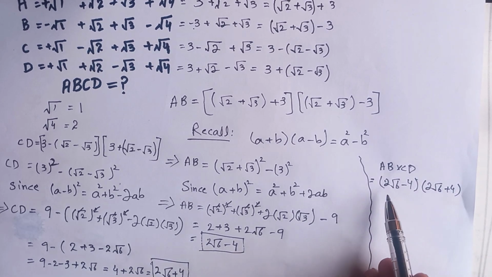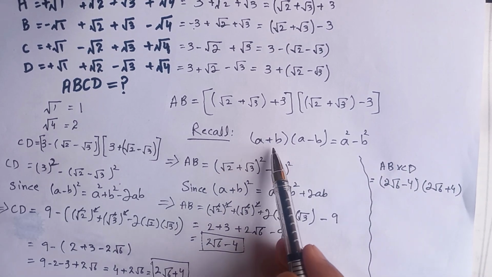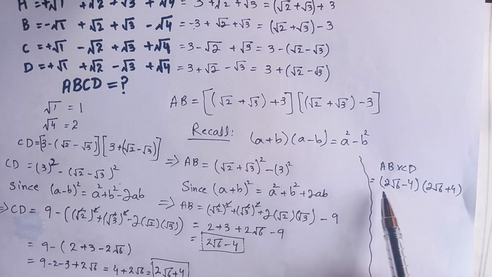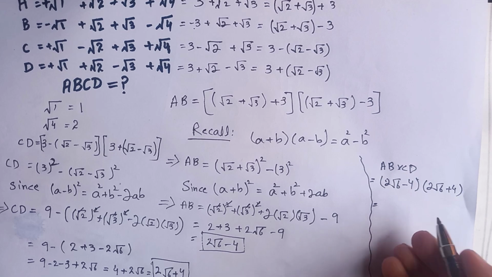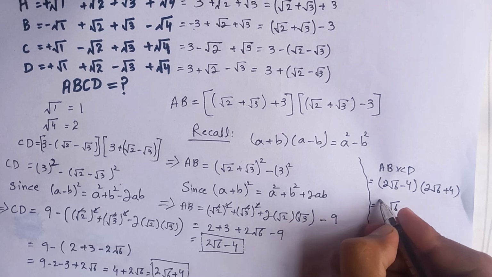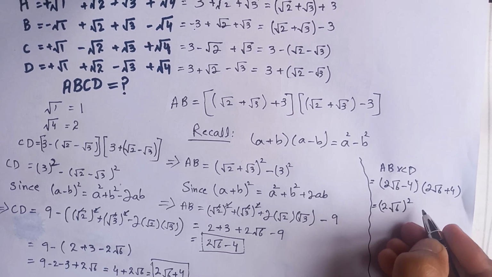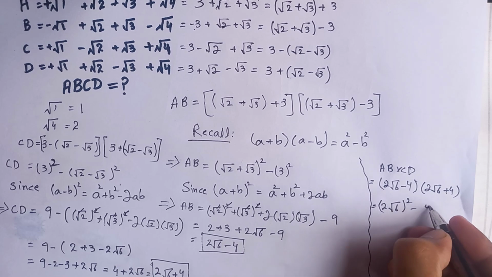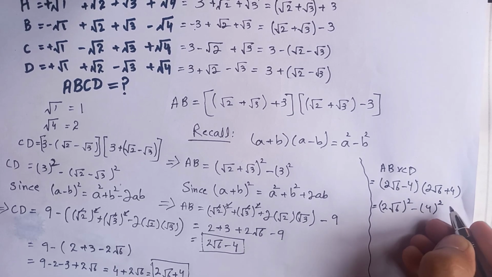So again using the difference of two squares formula, this will become 2 square root of 6 whole square minus 4 square.